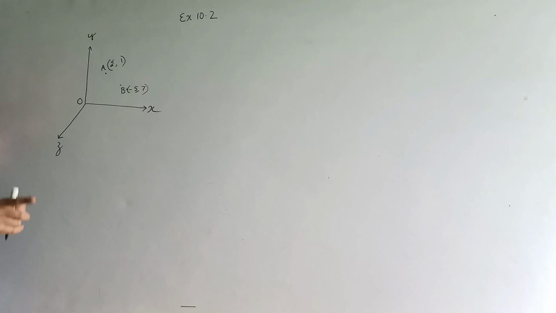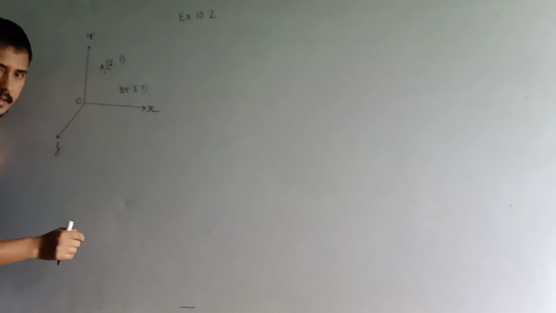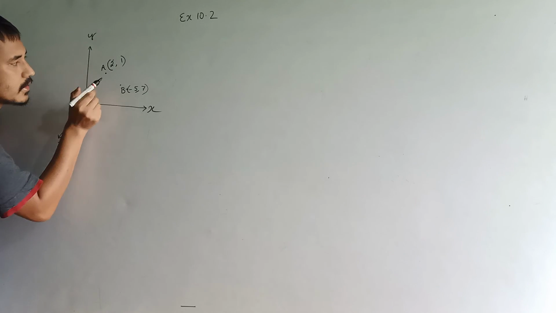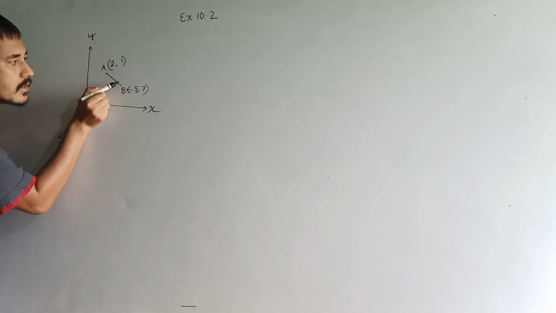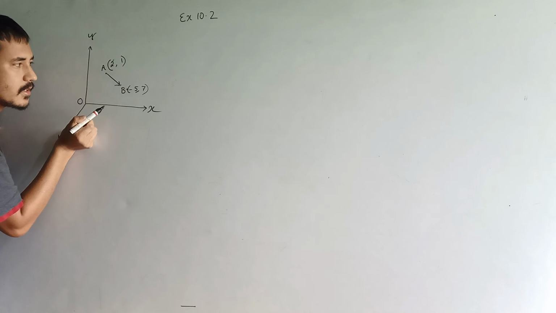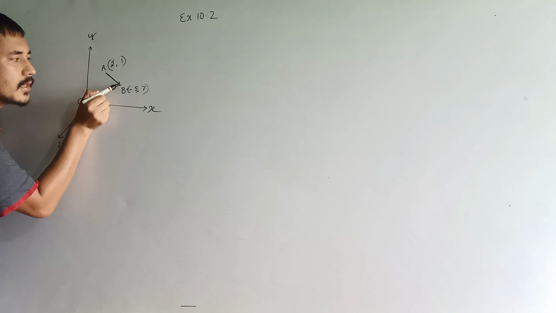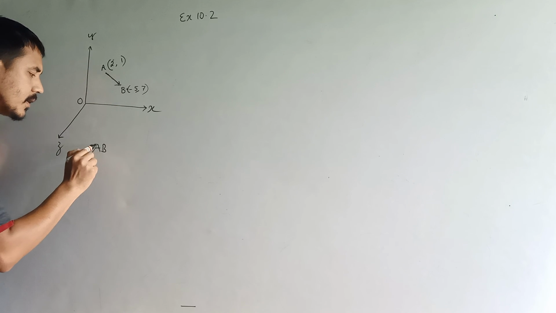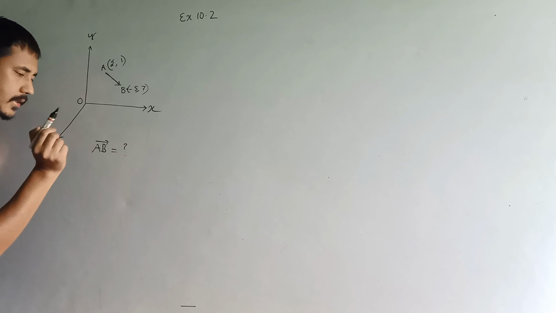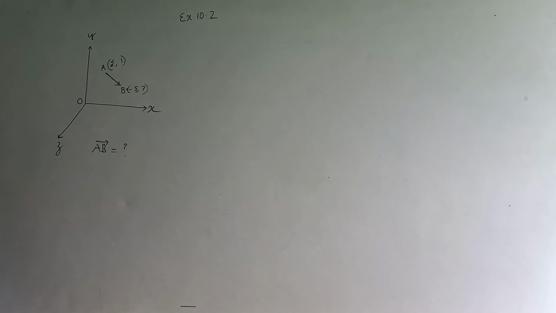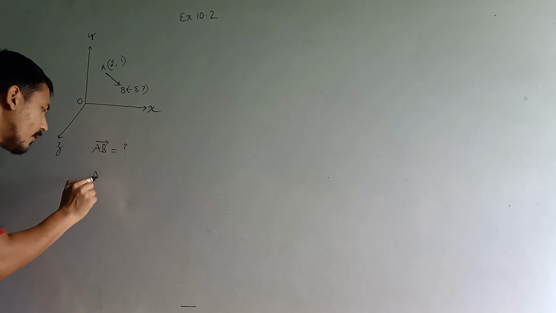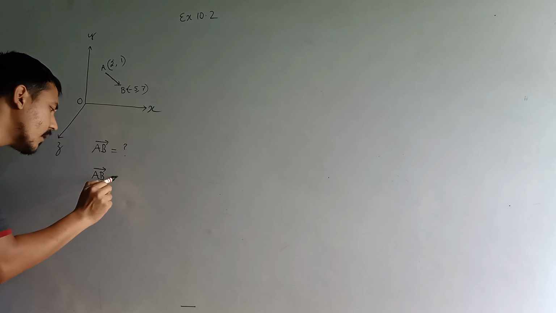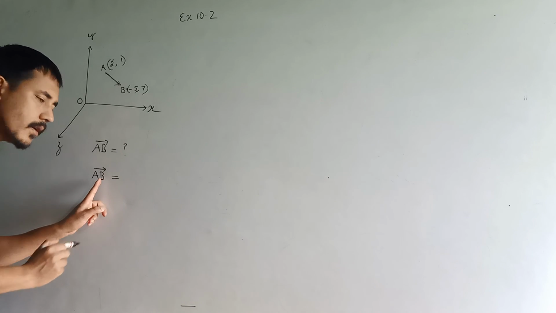So you need to find a vector having A as the initial point and B as the terminal point. This is your vector. That means you have to find out vector AB and its magnitude. So vector AB is what you need to determine. And how do we find out this vector AB?